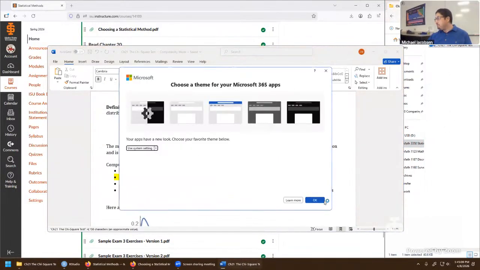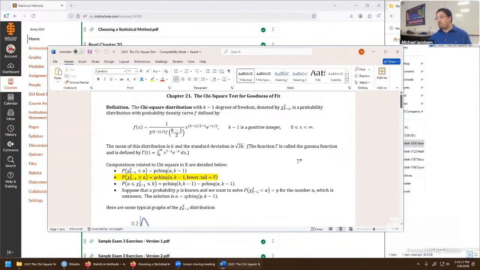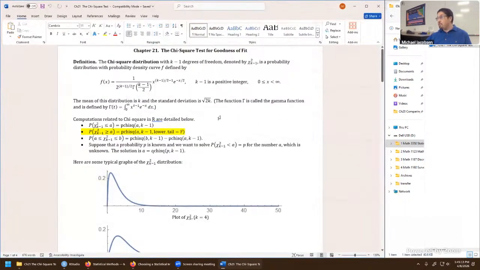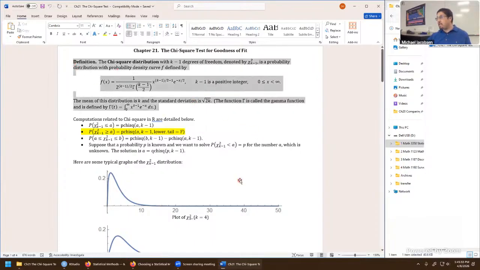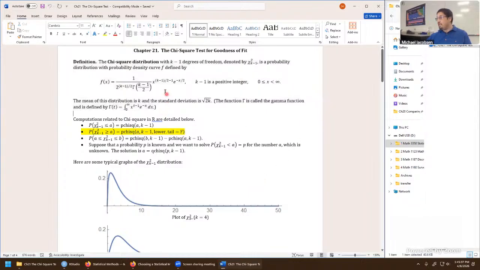And here is, finally, the so-called chi-square test for goodness of fit. First page on the document is just orienting us into what the new probability model even is in the first place. When we say chi-square, we're talking about a specific probability model, just like the normal distribution or say like the t-distribution. It's got a definition here, but this is really here mostly for the sake of convenience more than anything.